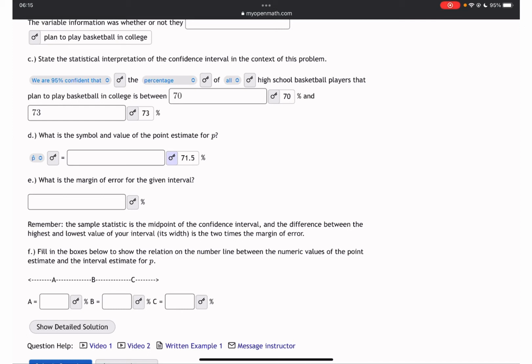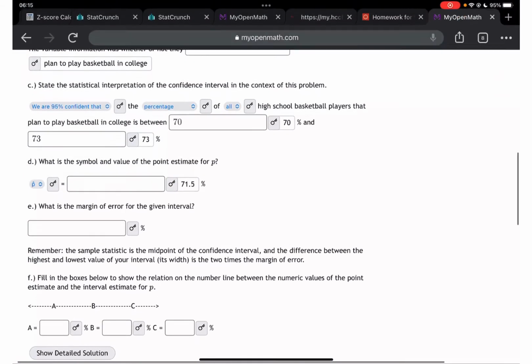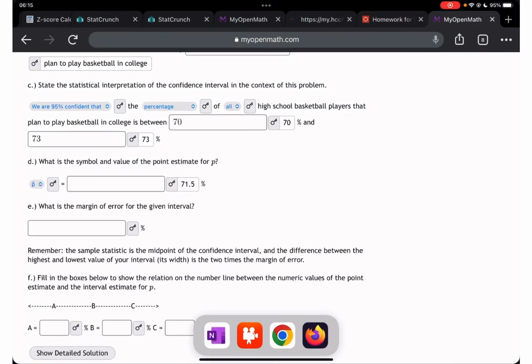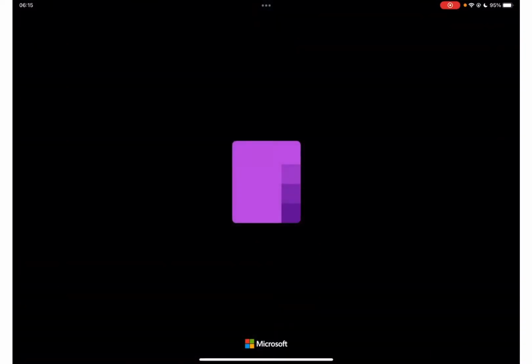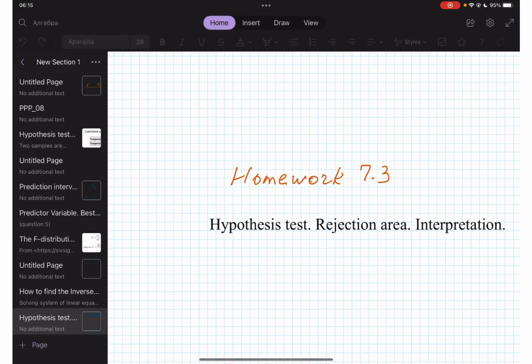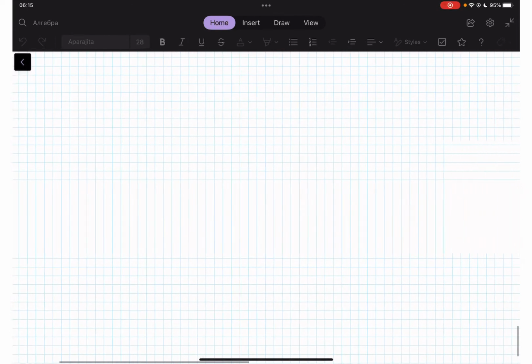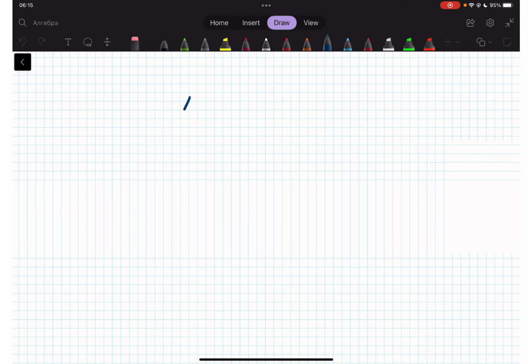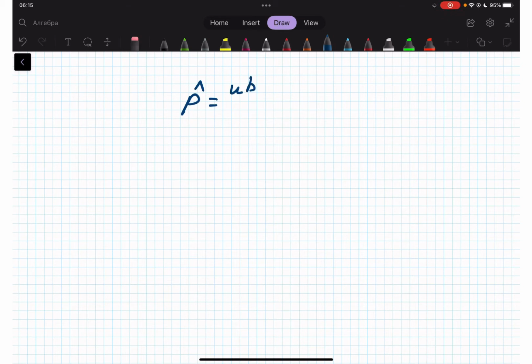We didn't put the answer. Okay, 71.5. How did we get it? All right, the point estimate. We have 70 and 73%. For the point estimate, you are taking the upper boundary plus the lower boundary and dividing by 2.